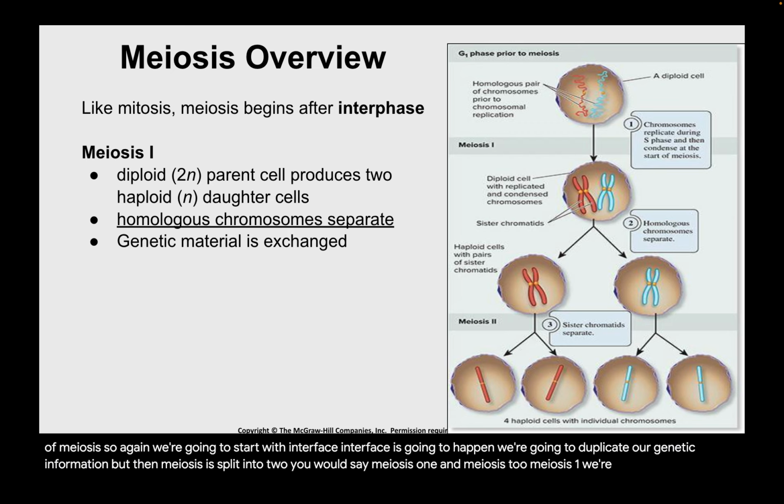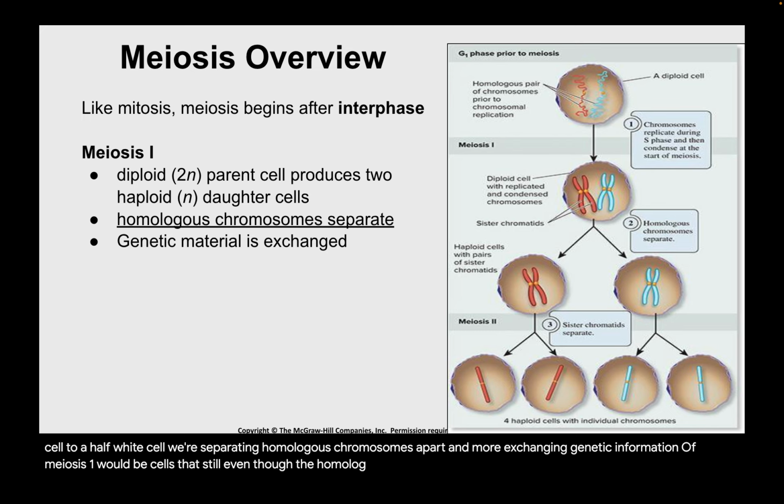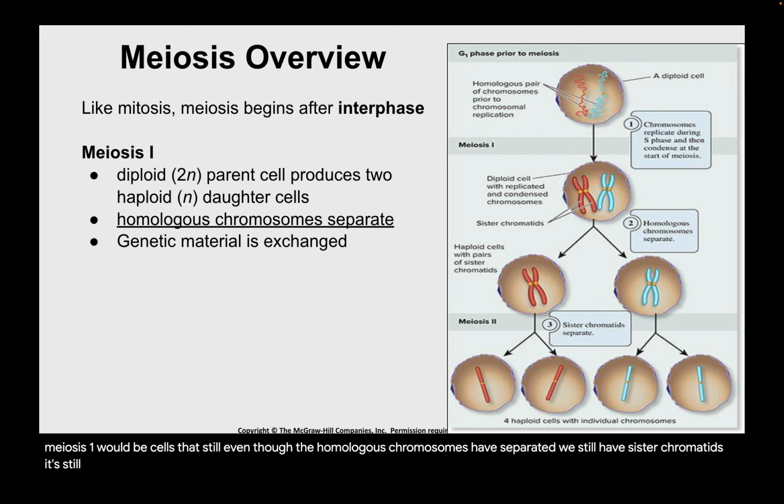Meiosis 1, we're going from a diploid cell to a haploid cell. Right? We're separating homologous chromosomes apart, and we're exchanging genetic information. The result of meiosis 1 would be cells that, even though the homologous chromosomes have separated, still have sister chromatids. It's still in that X shape.